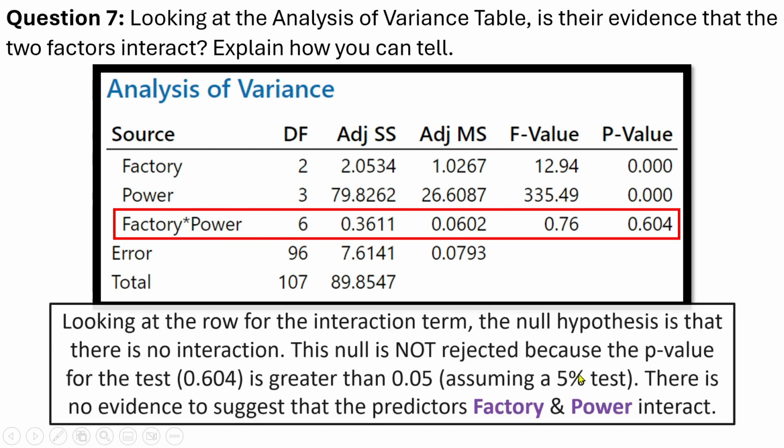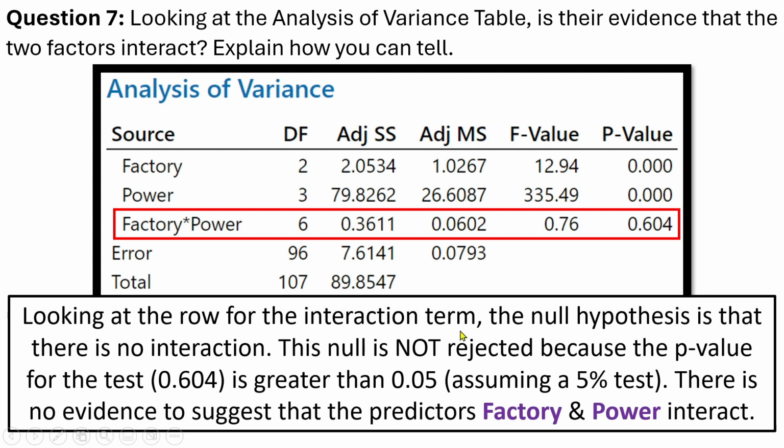So remember that the null hypothesis is that there is no interaction between these two predictors. This null is not rejected because the p-value of the test is greater than 5%, assuming a 5% test. So we can conclude that there's no evidence to suggest that the predictors, factory and power, interact.